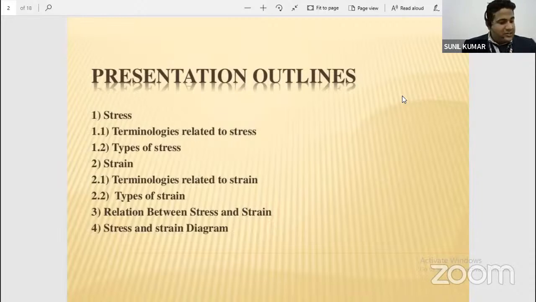If you are talking about a simple definition of stress, stress is expressed as the ratio of applied force divided by the resisting area. In this chapter, stress and strain, there is confusion regarding force: is it a scalar quantity or a vector quantity?